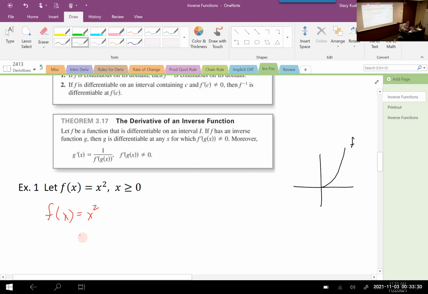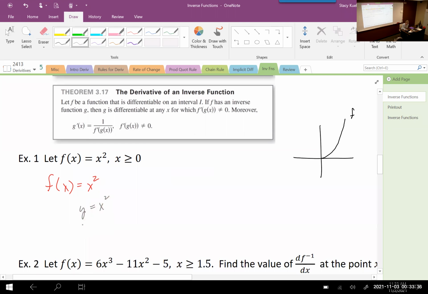All right, so y is equal to x squared, or in other words, when we switch them, x is equal to y squared. Take the square root of both sides. So therefore, the square root of x has to be equal to y.